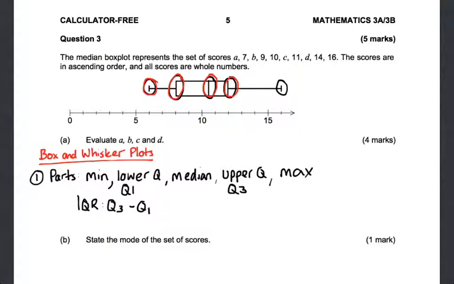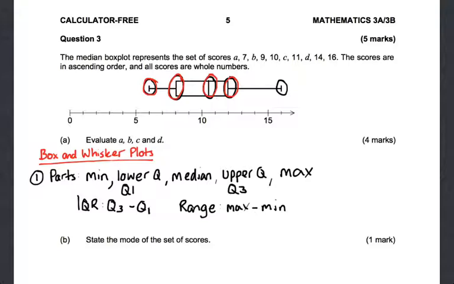So the range is equal to the maximum score, take away the minimum score. Okay, so that's like the real basics, and most of you hopefully will understand all of that pretty well. But this one you might not know about.